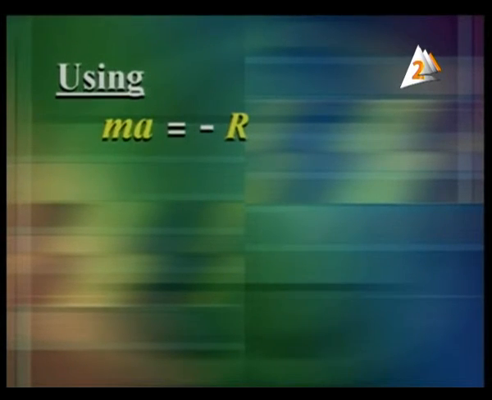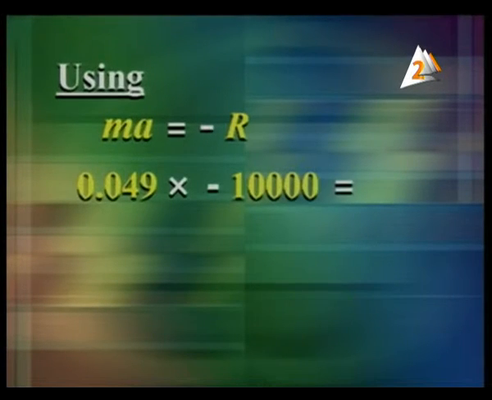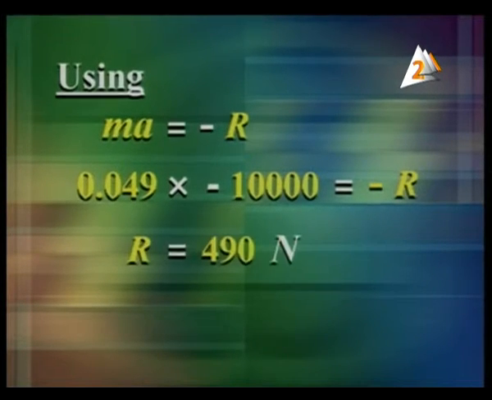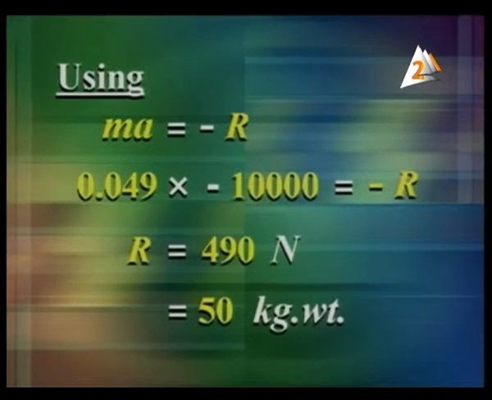Using ma equals negative R, therefore 0.049 times negative 10,000 equals negative R. Then R equals 490 Newton, which is 50 kilogram weight.